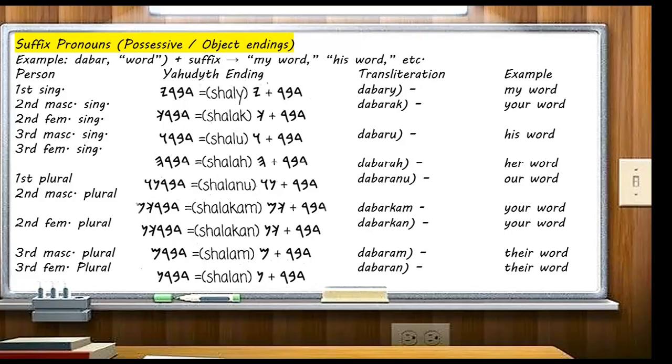For example, we're using here the word, and the Yahudyth for word is dabar. Dabar. So how do we say my word, your word, his word, our word, their word, etc.?